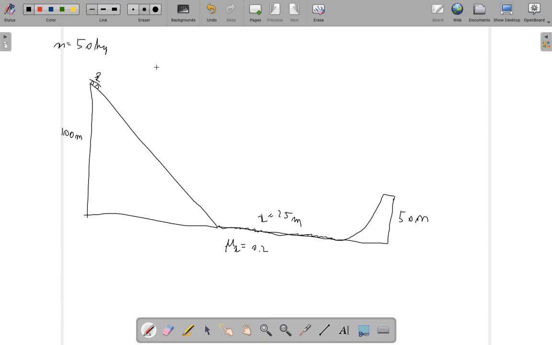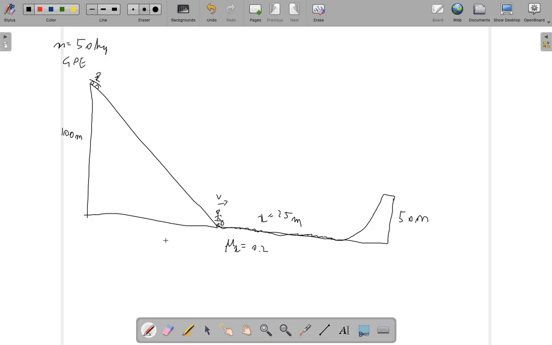Okay, so we know that he has some gravitational potential energy over here, GPE. And as he goes down, this gets converted into kinetic energy. So let's try and figure out how much kinetic energy he will have once he's down here, moving with the velocity of v.